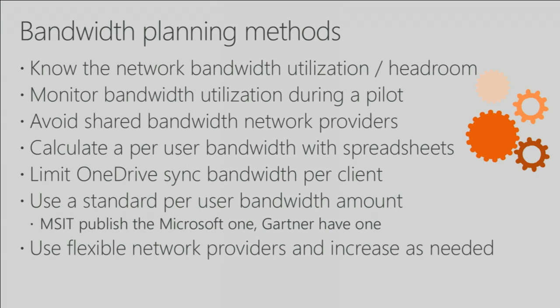I mean, it works that way at home. I just want to watch one video on a random cloud video provider at a time, and I know how much bandwidth that takes, and so I can multiply that by the number of people I have in my house, and that's how much bandwidth I need. So Office 365 traffic very much depends on the usage that users are making.